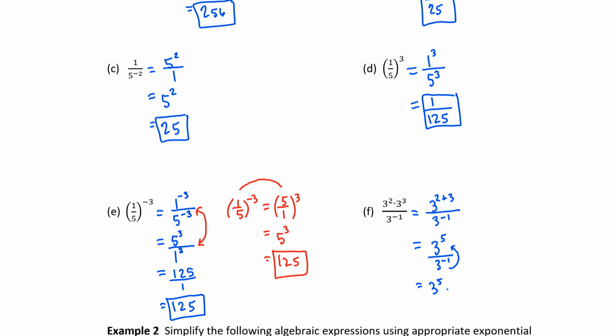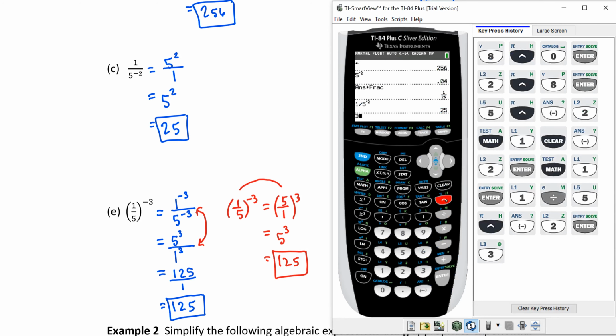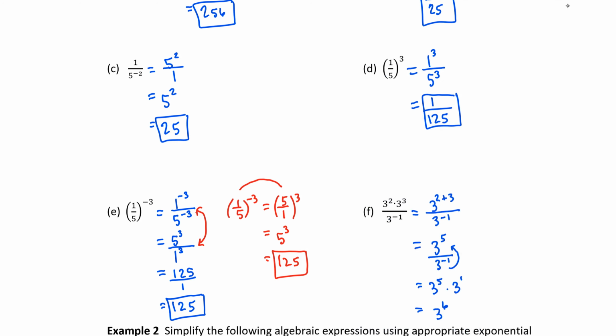It's going to join the 3 to the 5th that's already there, and we get 3 to the 1st power. Then we are multiplying like bases, so we should add the exponents. We get 3 to the 5 plus 1, or 3 to the 6th, and let's go ahead and evaluate that to end up with, looks like 729.